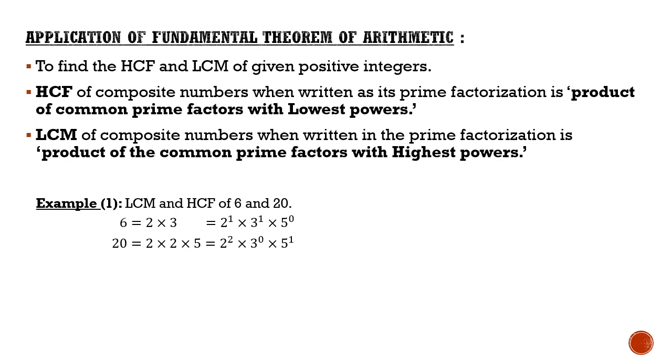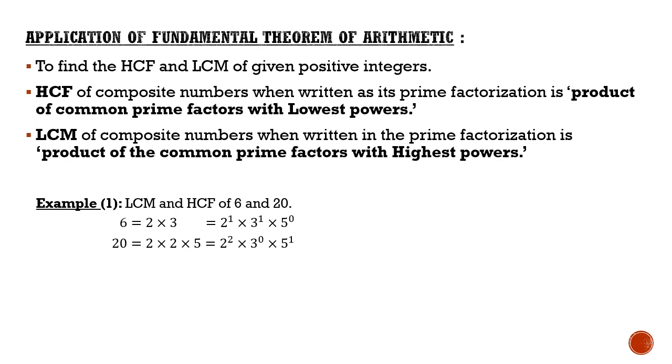Similarly, in the prime factorization of 20, 3 is not there, so we are going to introduce 3 also here by giving its power as 0. So see, 6 is written as 2 into 3, which can be written as 2 raised to 1 into 3 raised to 1. 5 is not there, but 5 is present in the prime factorization of the other number. That's why we are taking 5 here, and we will write the power of 5 as 0. Getting it? Next, 20 is the other number.